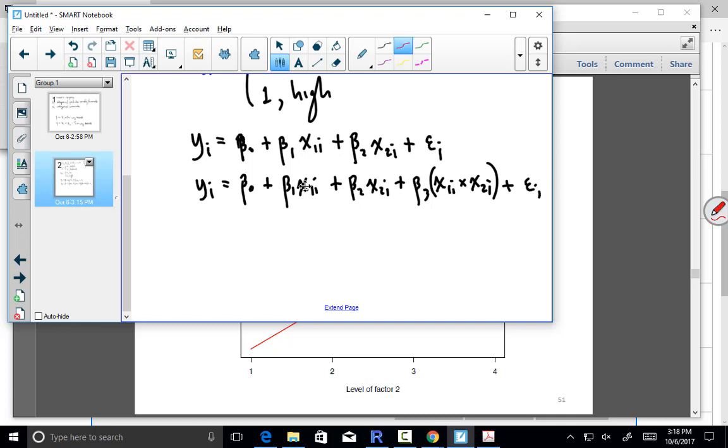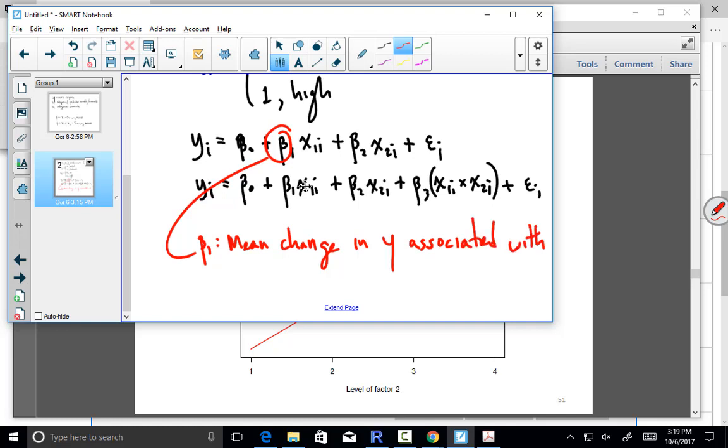Let me just say something briefly here. The interpretation of beta 1 is the mean change in y associated with changing from x1 equals 0 to x1 equals 1 while holding x2 constant.